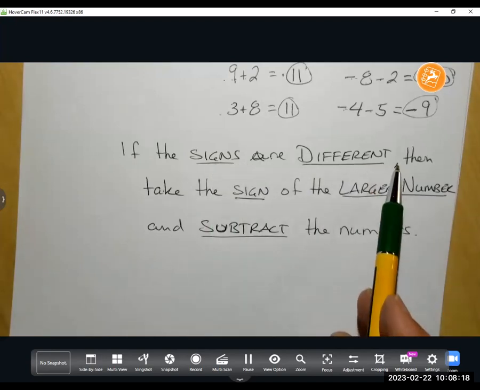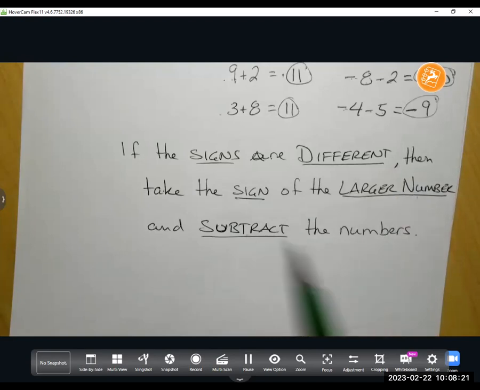So if the signs are different, then take the sign of the larger number and subtract the numbers.